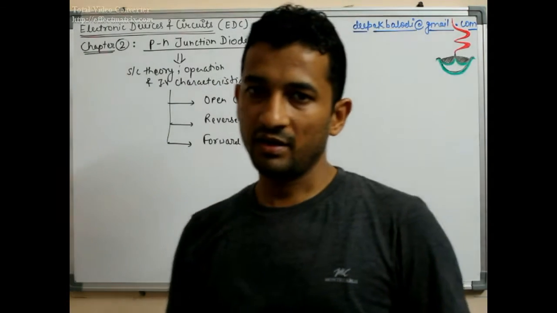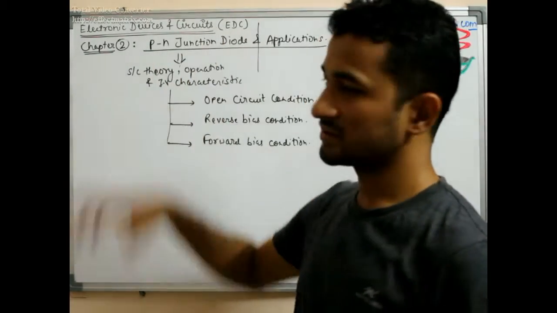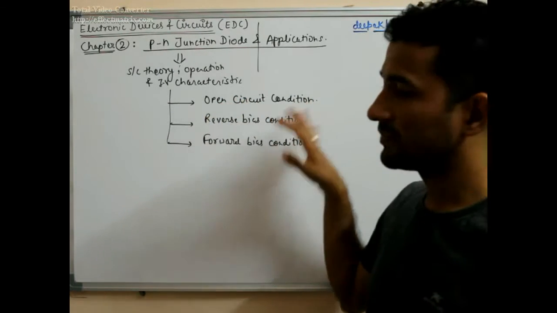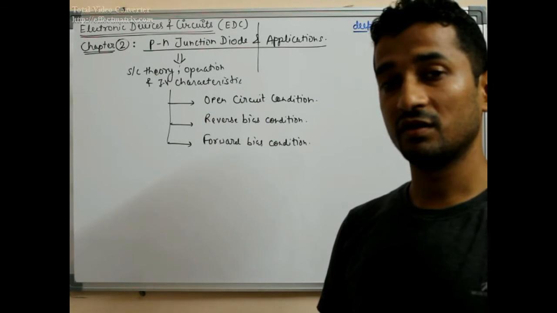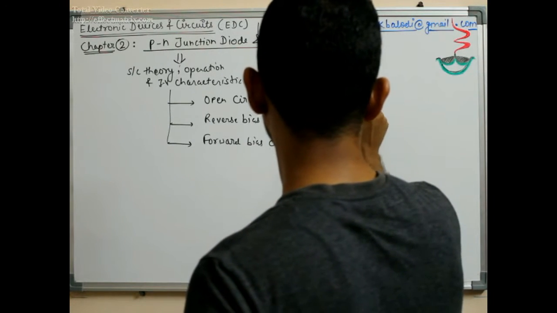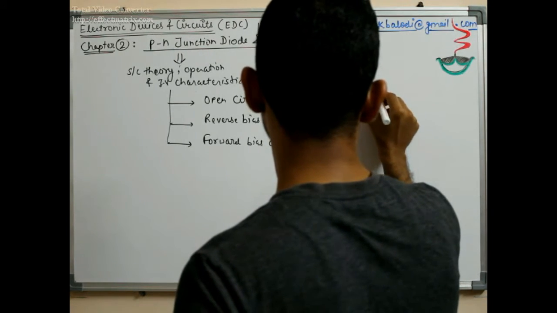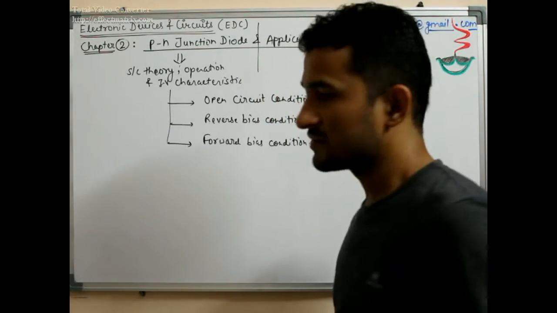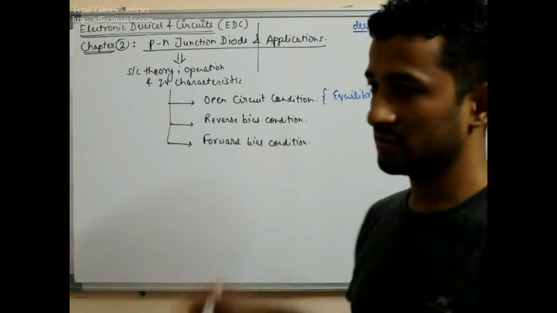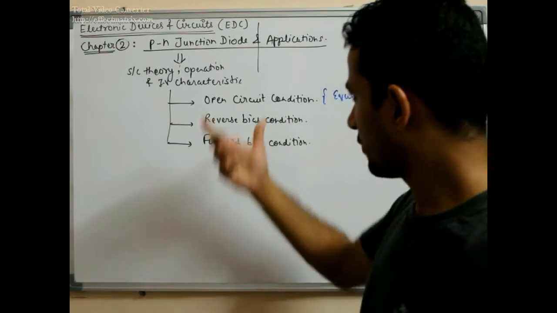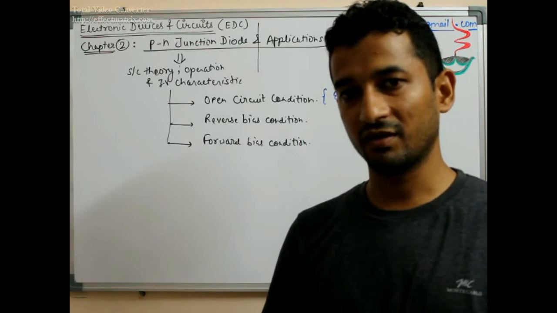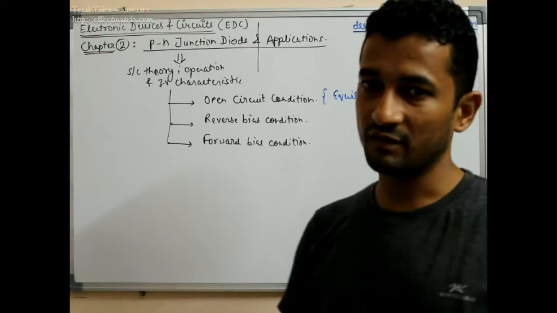So we'll be studying the whole PN junction diode theory under these three major topics. Once we understand what happens to the diode when it is in the open circuit condition, which mainly indicates the equilibrium condition, this scenario makes us ready to understand what could happen when it is reverse bias or forward bias. So this open circuited scenario makes a foundation for the more practical form of diode circuit, that is either reverse bias or forward bias.